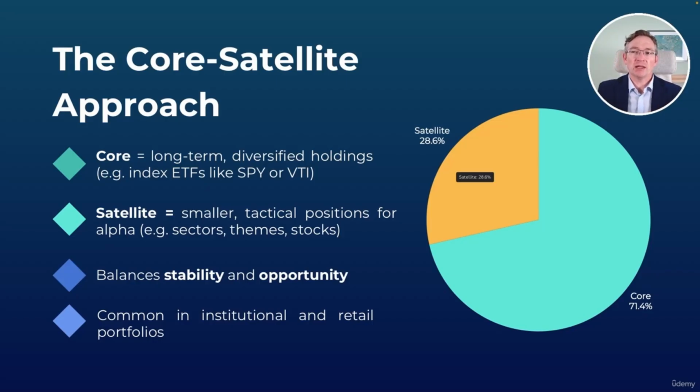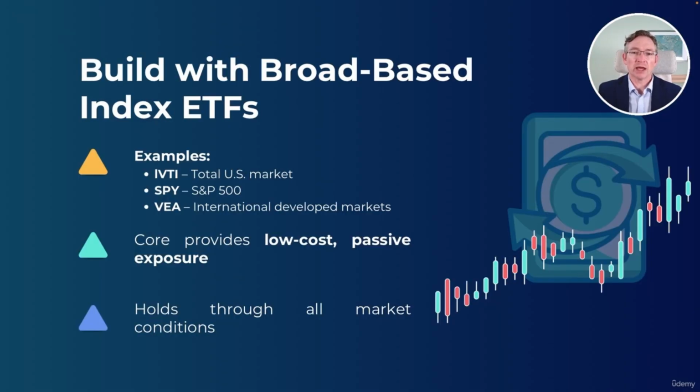Now, let's look a little bit more closely at the core. Now, the core is the foundation of your portfolio. This is where the bulk of your capital goes, typically 70 to 80% of your total portfolio value. And the goal here is broad market exposure with minimal fees and high diversification.